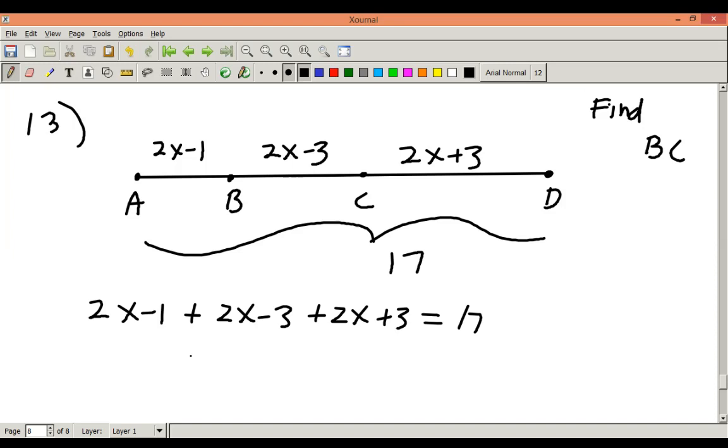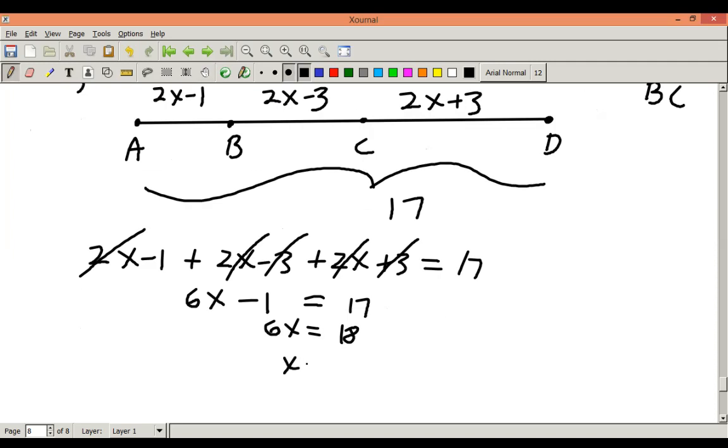Combine your like terms, looks like we have 6x minus 1. The minus 3 and the plus 3, you could actually just cross those off, couldn't you? So 2x, 2x, 2x, used all those up. The minus 3 and the plus 3, those are gone. So 6x minus 1 equals that right side 17. So 6x is equal to 18.